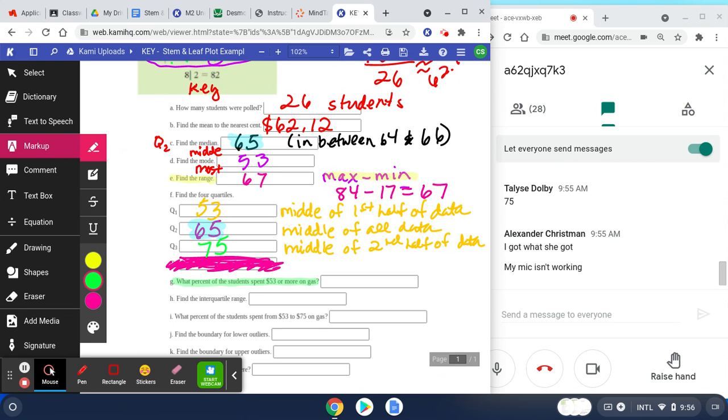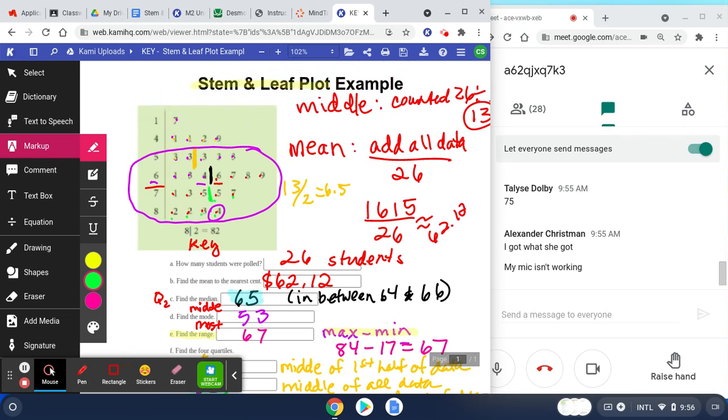What percent of students spent $53 or more on gas? It's all of these, all of these, all of these, and all of these. So let's go count that. 1, 2, 3, up to 21.